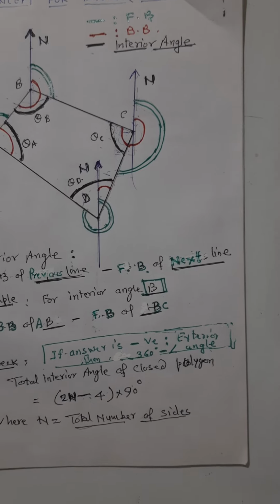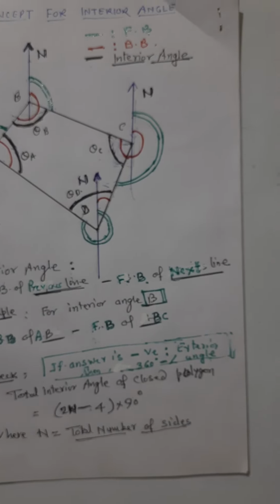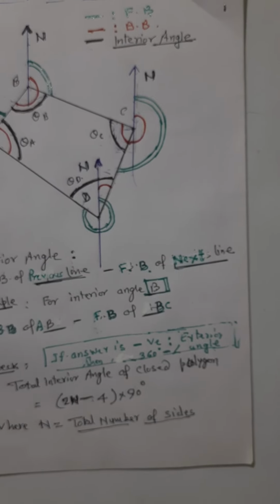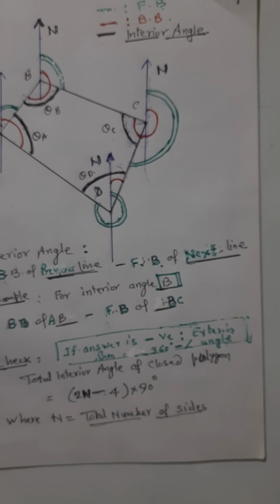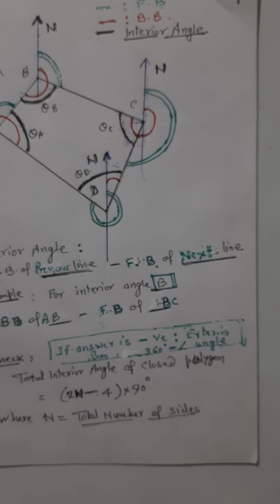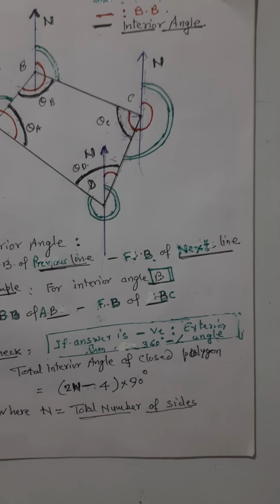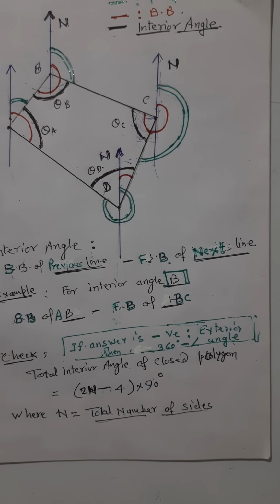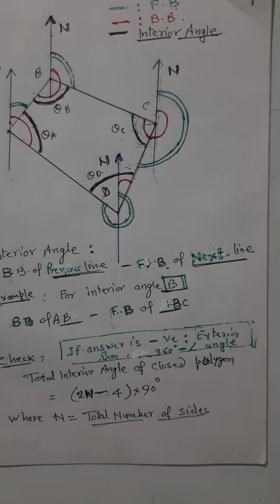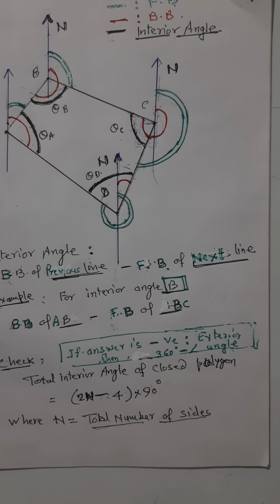If there is local attraction at any point B or C or D, how it can be detected, how it can be corrected, how the correct bearing can be obtained, and after that how the angles can be correctly calculated so that the sum of all interior angles is equal to (2n minus 4) into 90.